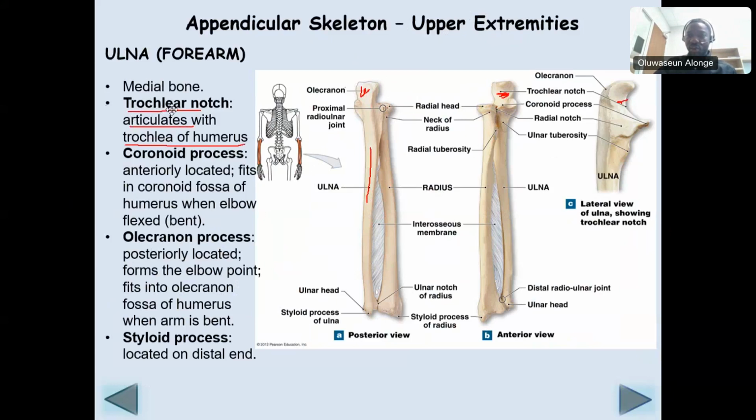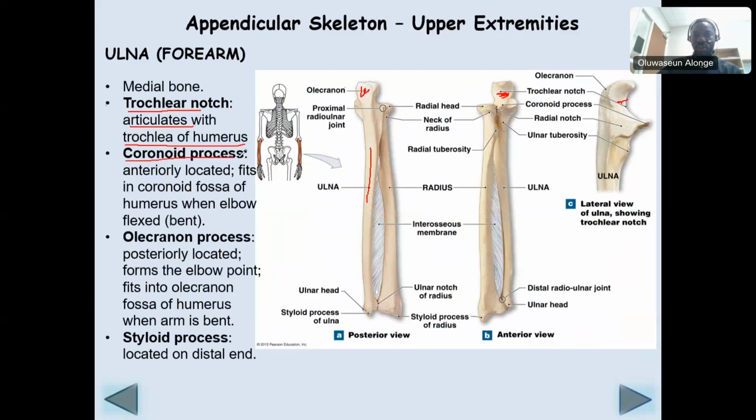A notch is also like a depression. So the trochlea of the humerus fits into the trochlear notch of the ulna, whereas the olecranon of the ulna fits into the olecranon fossa on the humerus.